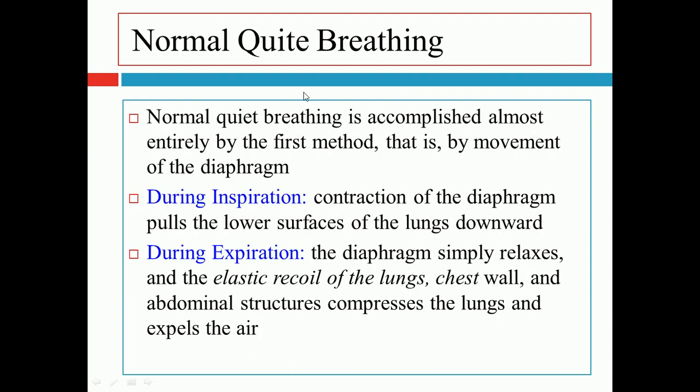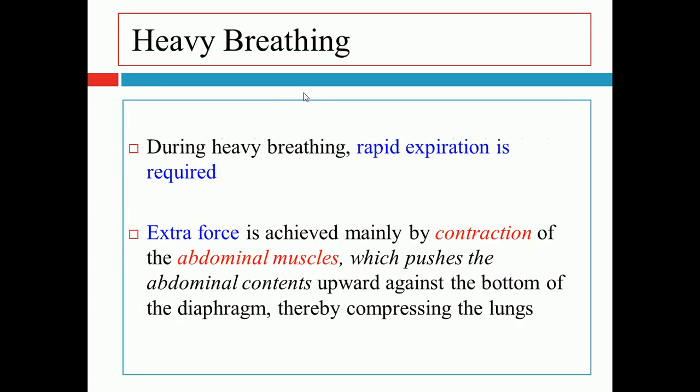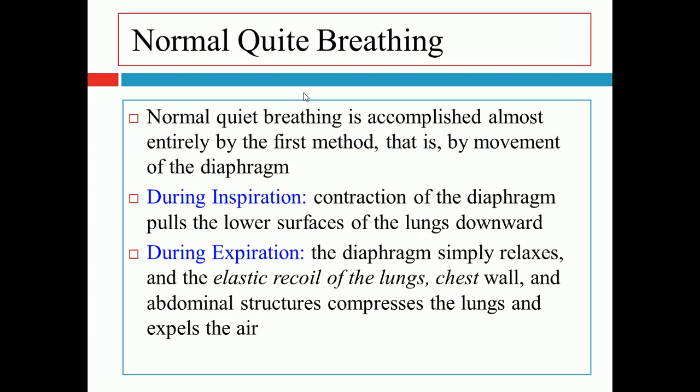So there are two types of breathing. One is normal quiet breathing. You are very quiet, you don't notice the breathing happening, as we are breathing right now. And second is heavy, labored breathing, when you have to put in extra force, when you start running, jogging, swimming, or exercising, then you have to breathe heavily. That is called heavy breathing.